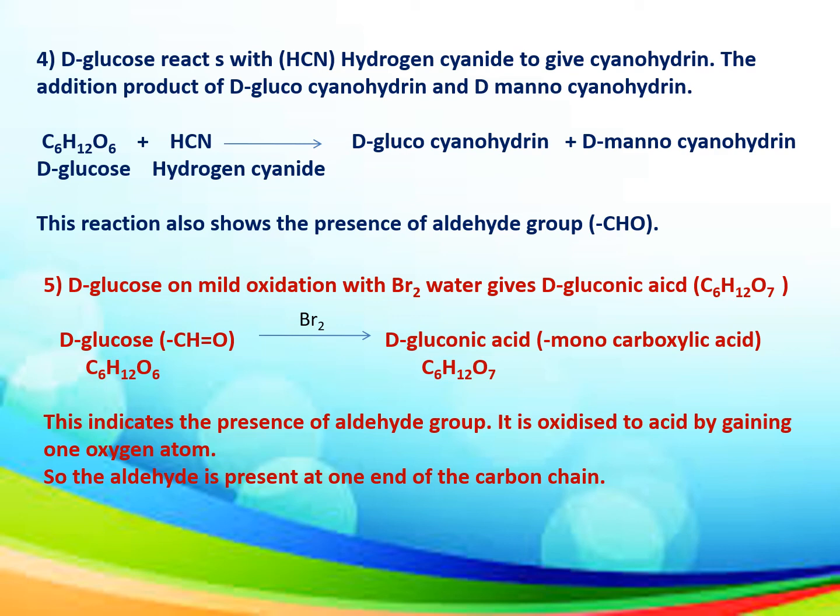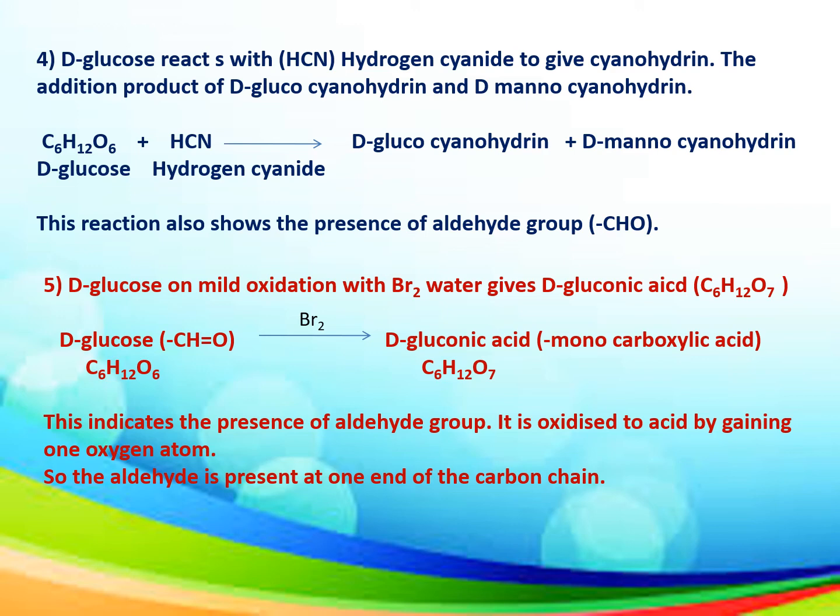This reaction also shows the presence of an aldehyde group at the first position. Fifth one is D-glucose mild oxidation with bromine water to give D-gluconic acid.